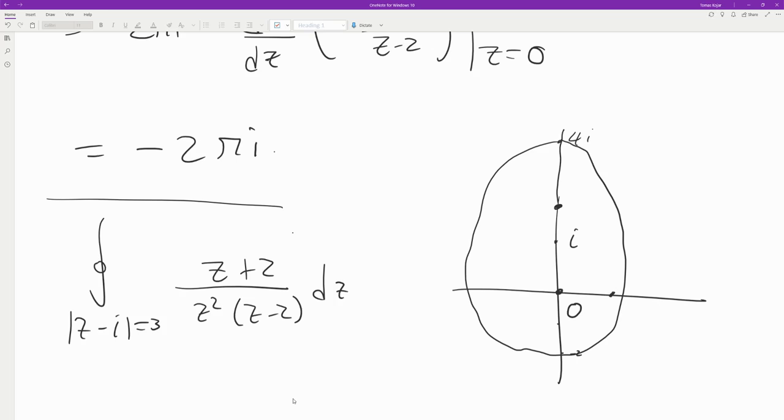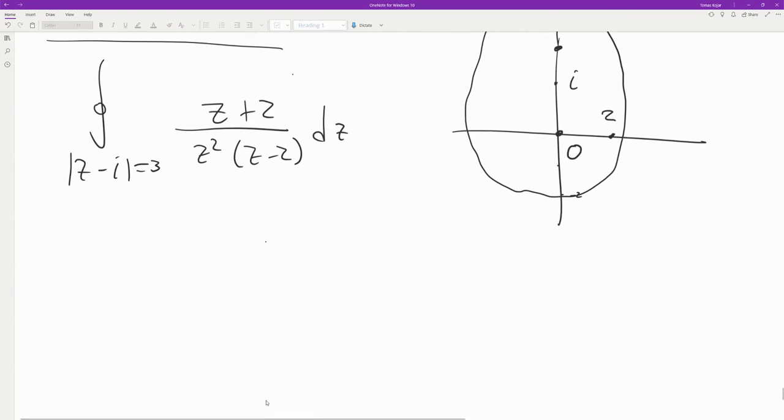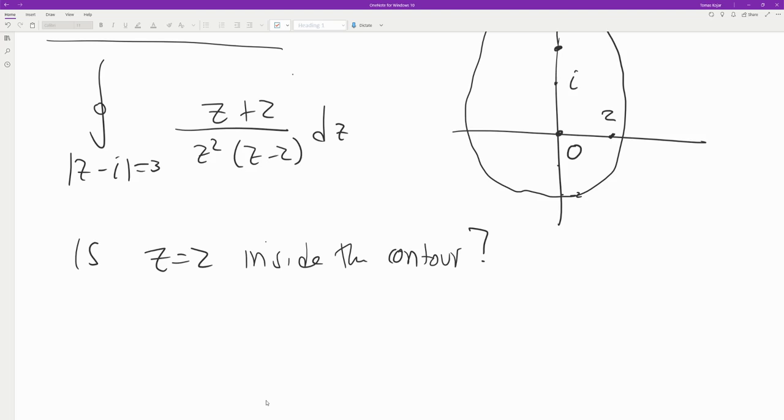Okay. But anyhow, it contains 0, and it contains 2. So 2 is over here. But you have to check this. So let me check it for you. So the question: is z equal to 2 inside the contour? Okay, let's check. So 2 minus i is what? Square root of 2 squared plus 1, right? Real and imaginary part.